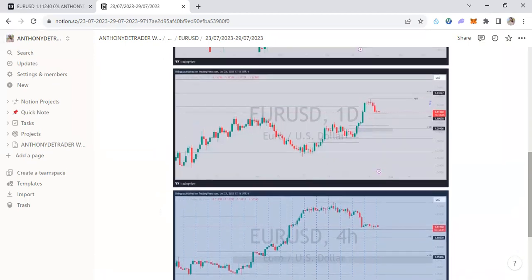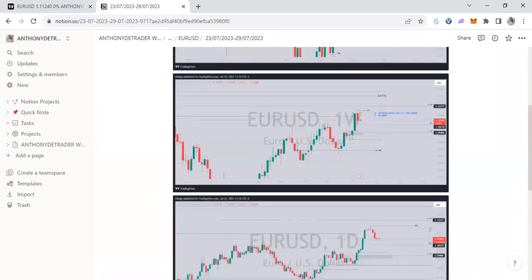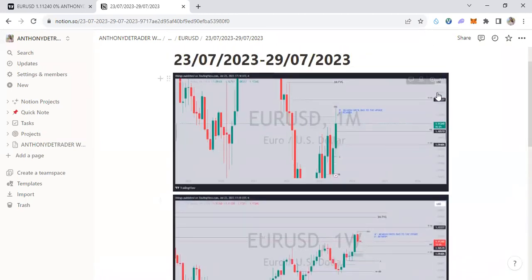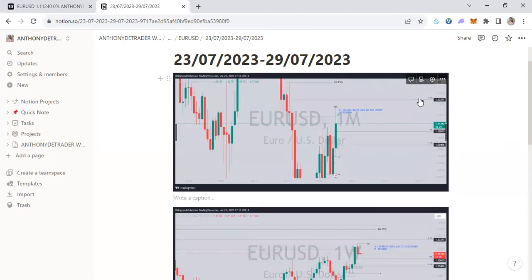Maybe tomorrow morning I'll also come back here to check this out. So from this picture, you can actually come here and put your comments. Let us say from the monthly time frame, setting price. Okay.